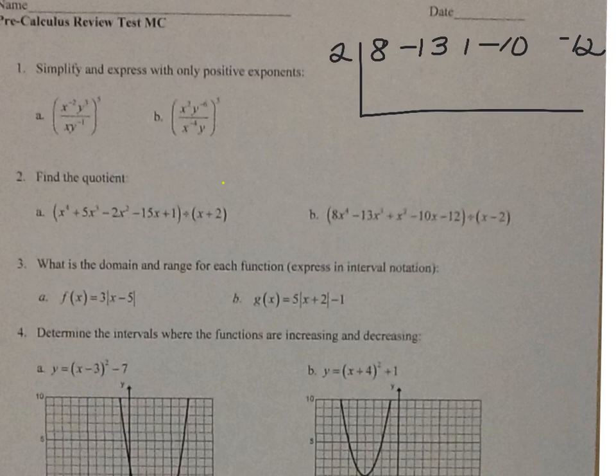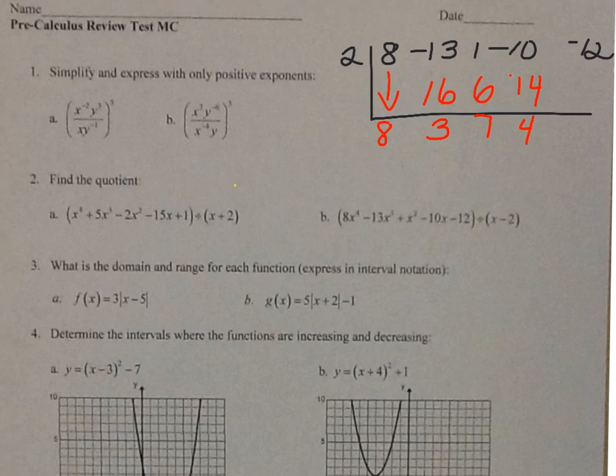All right, bring the first number down, I get 8. Times 2 is 16, add straight down, negative 13 plus 16 is 3. Times 2 is 6, add straight down, I get 7. Times 2 is 14, negative 10 plus 14 is 4. Times 2 is 8, and then negative 12 plus 8 is negative 4.